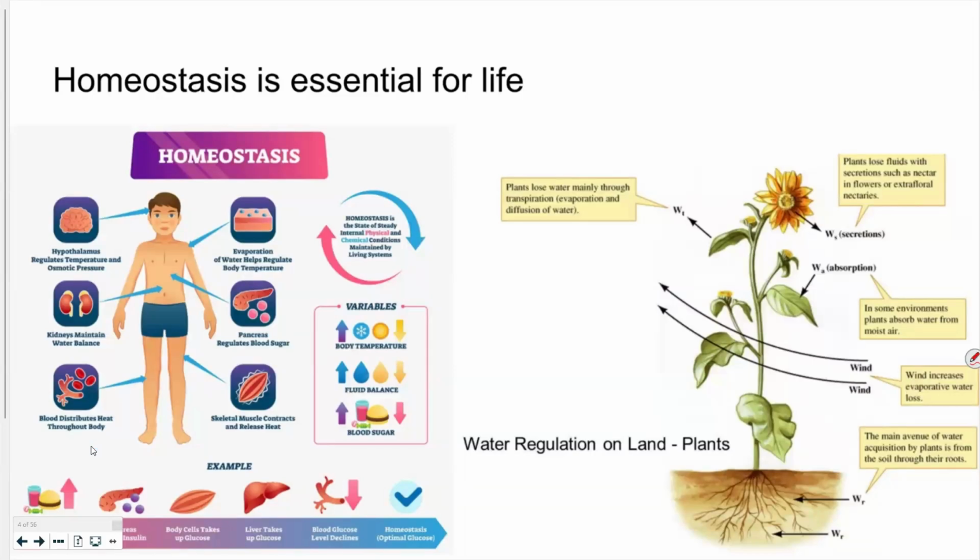Now, way back in chapter 1, we defined a whole bunch of criteria that are important for life. We use the acronym ROACHES.